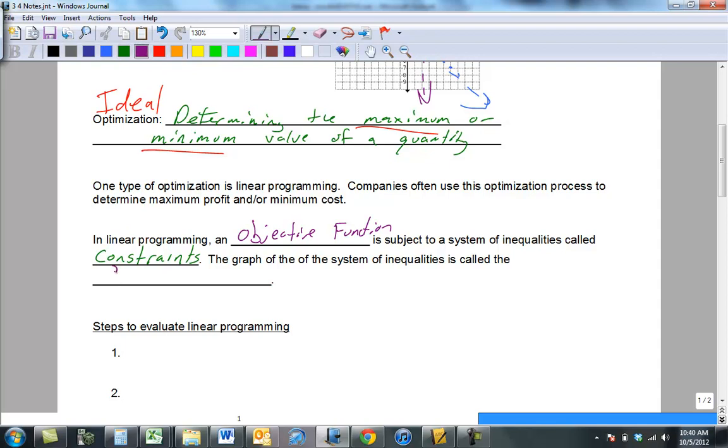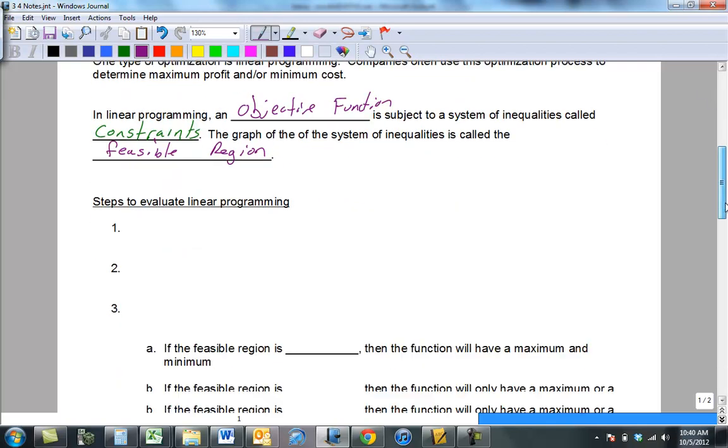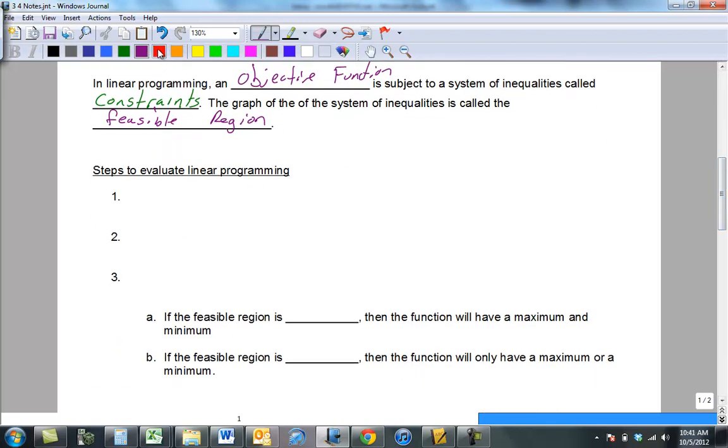I need purple. Feasible region. All right, so let's throw some vocab. After that, we're going to give you some steps too. Step 1 is graph the constraints. Smith, I don't know what a constraint is yet. That's okay. First thing you're going to do is graph the constraints.